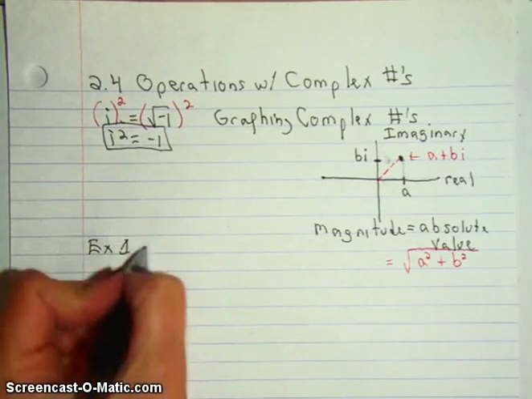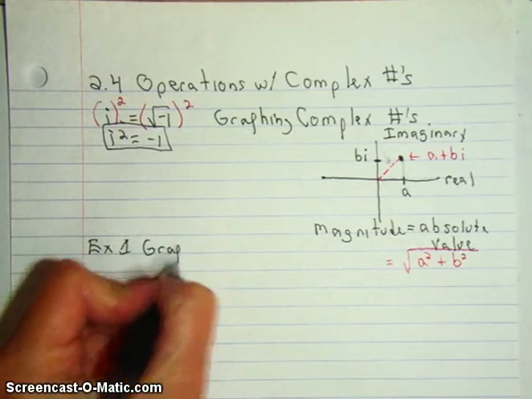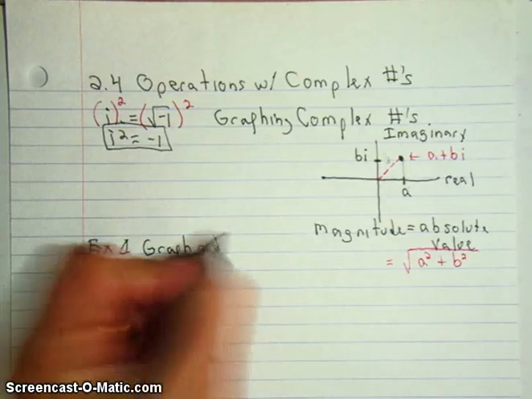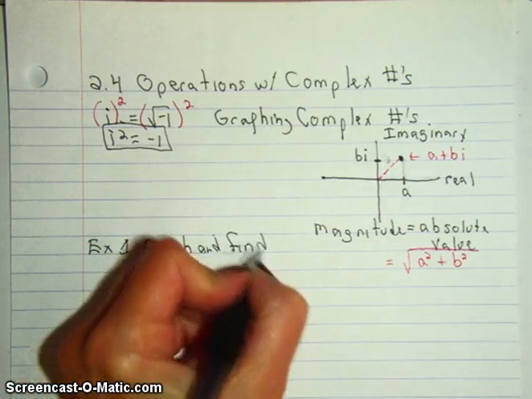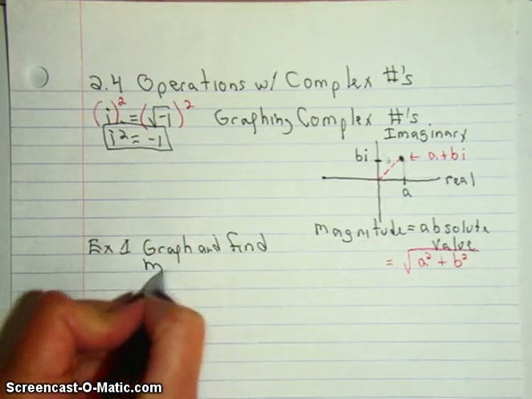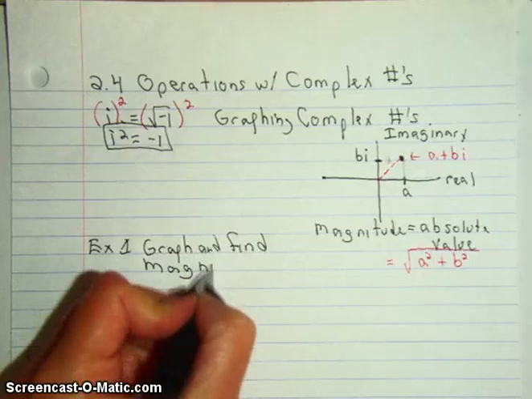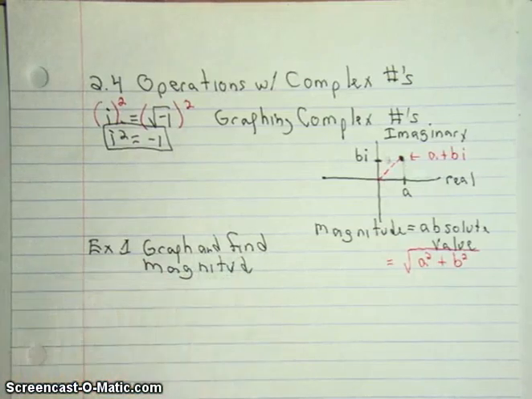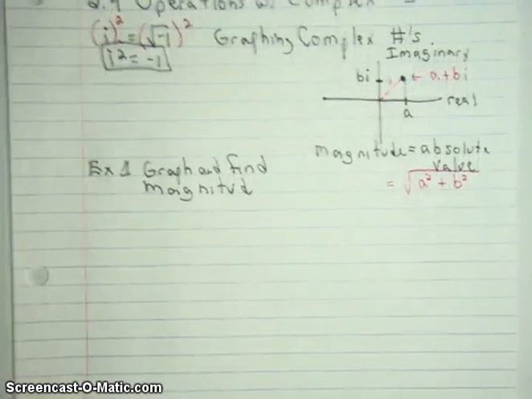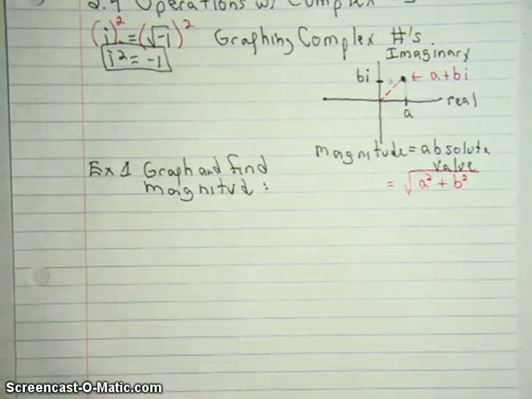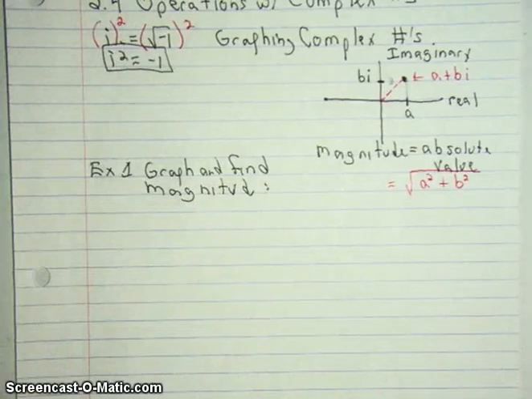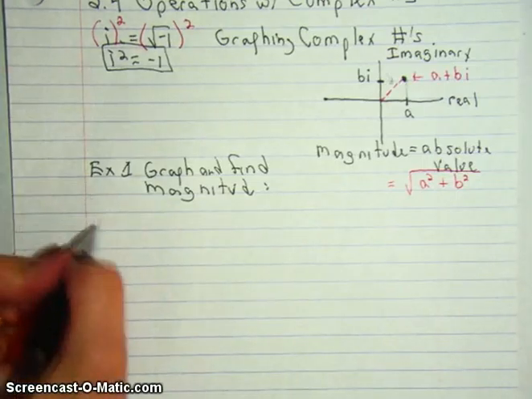All right, example 1 is graph and find magnitude. I've got 4 of them. I think I'll split you guys up into 4 different groups.